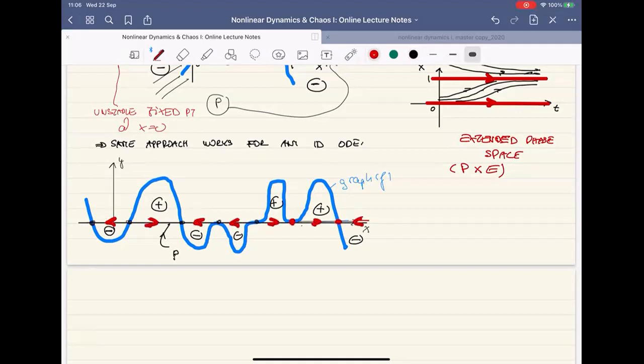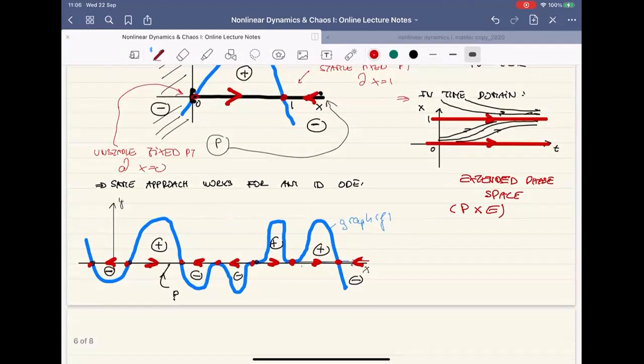And these are the fixed points, and I'm done. Complete characterization of what I'm going to do based on my initial condition. I leave it to you to go ahead and plot things in the time domain. But very often, this is an exercise.